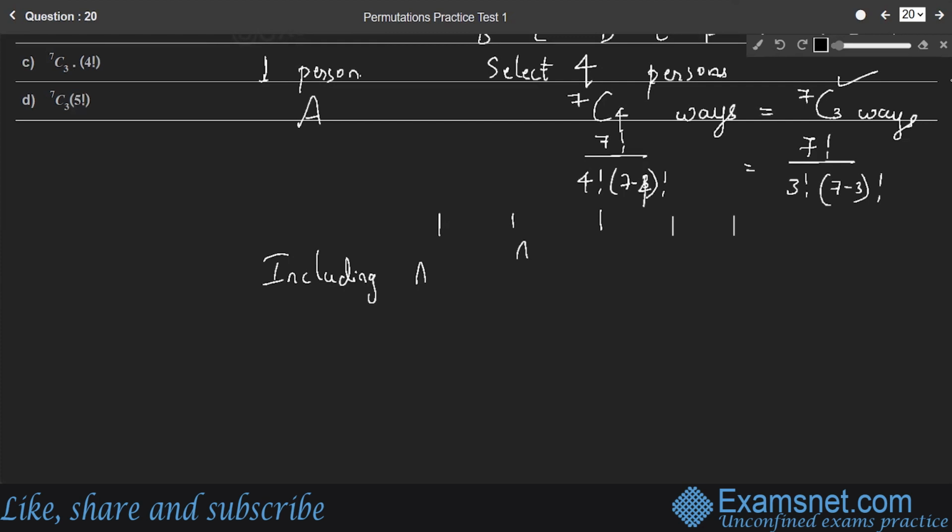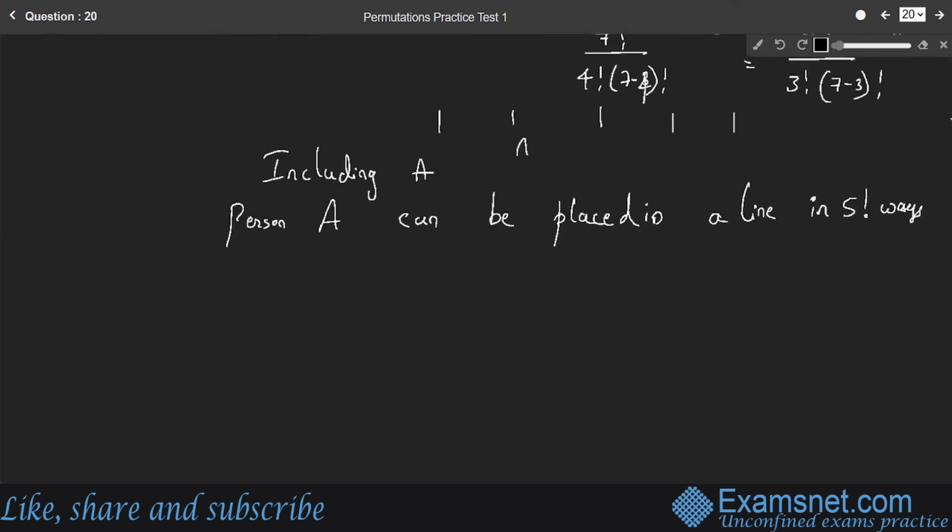Therefore, person A can be placed in a line in factorial 5 ways. Why is it factorial 5 ways? Because we are placing 5 persons.